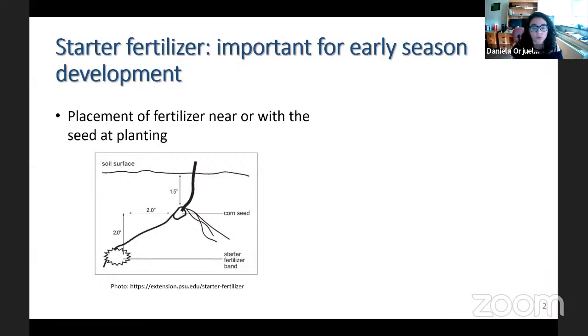So this allows the farmers to put different amounts of different nutrients close to the seed. The goal of the starter fertilizer is to enhance earlier uptake of nutrients like NPK, and earlier research has shown that these enhance the early season development.